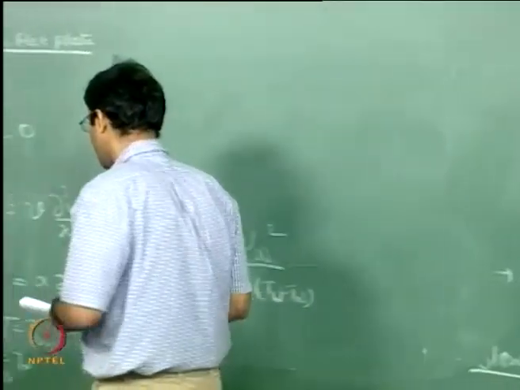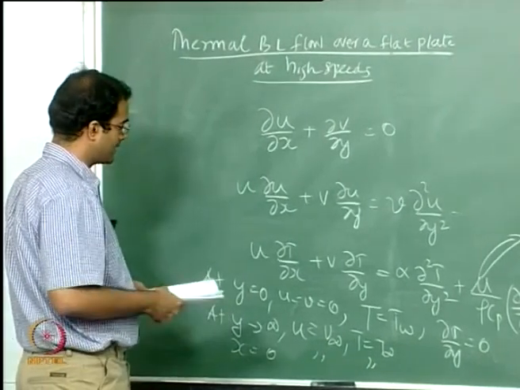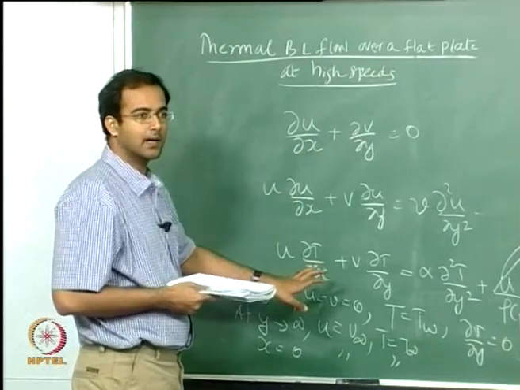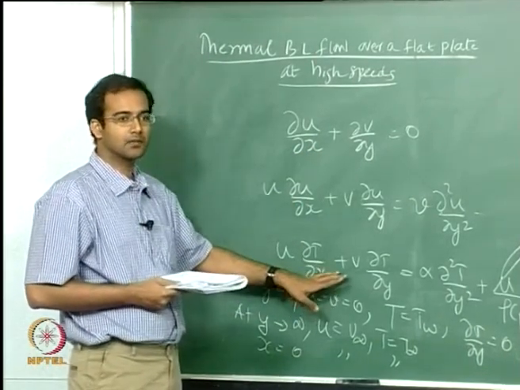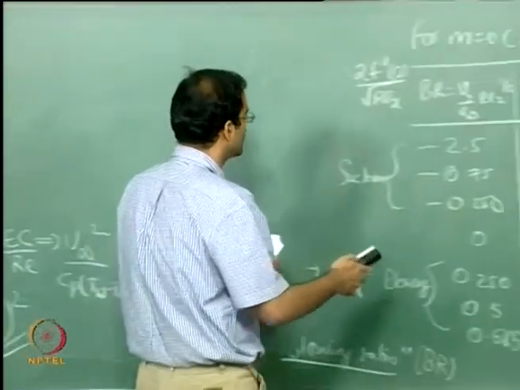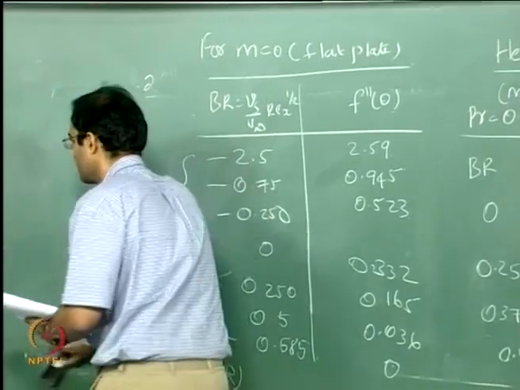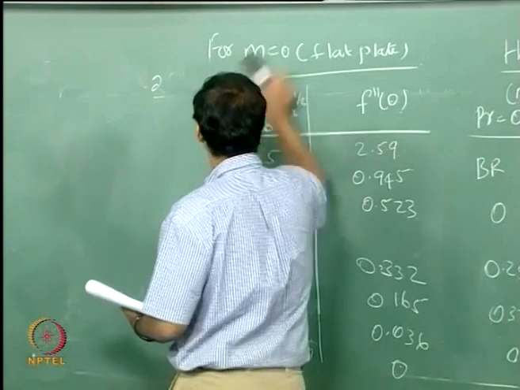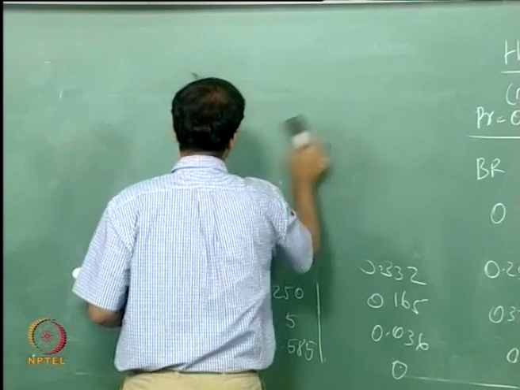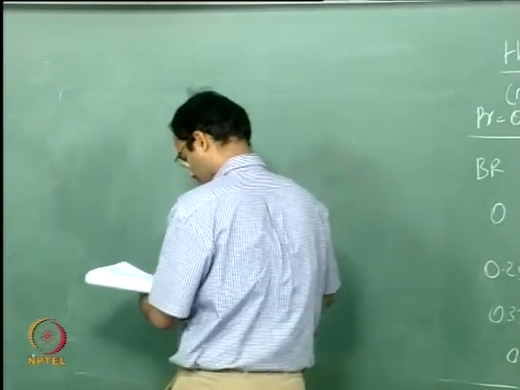Now you can use the same boundary layer similarity expressions and substitute for u, v and all the gradients. I am not going to do that. If you substitute that, you will get a final similarity expression which is something like this.